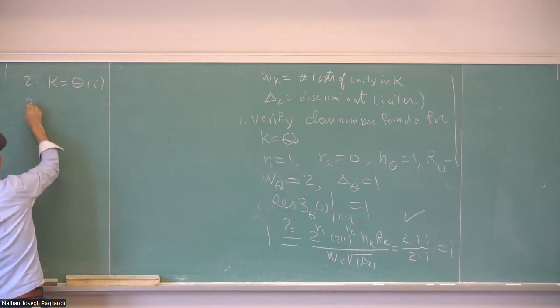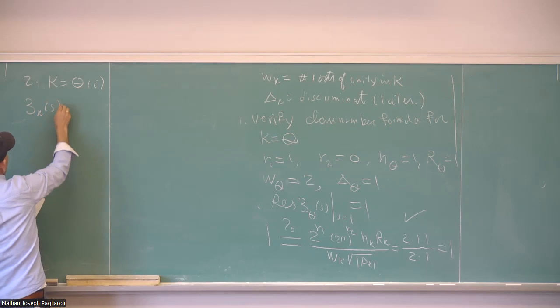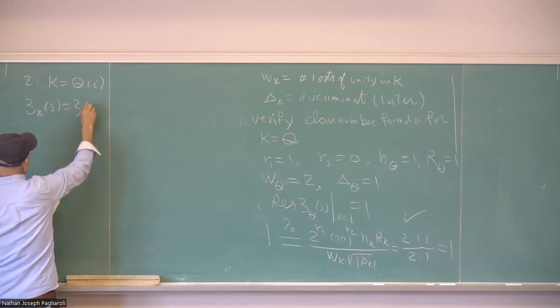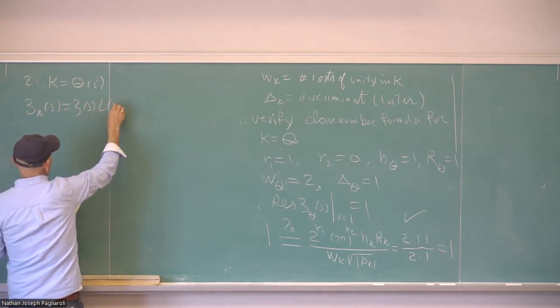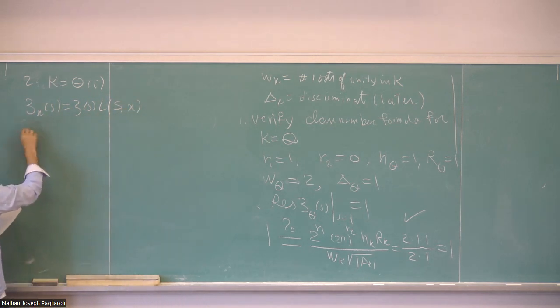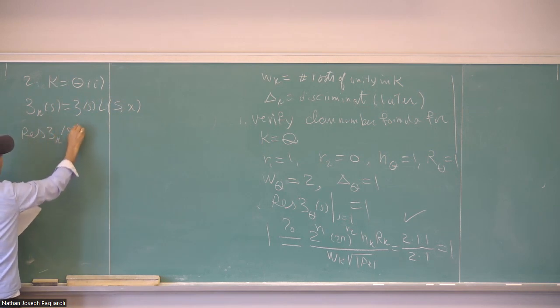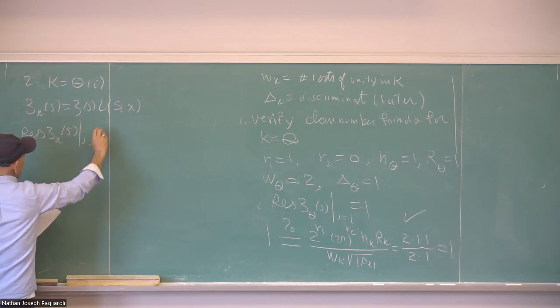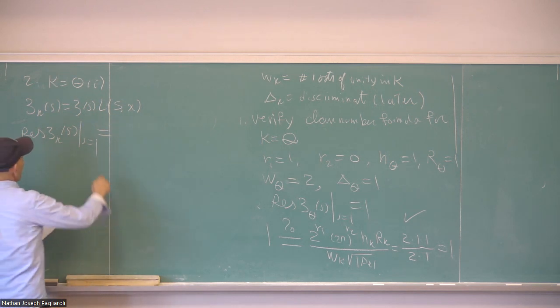In that case, we saw that zeta_K(s) is equal to the Riemann zeta function times this particular Dirichlet L series, and we computed the residue of this. That's equal to pi over 4.